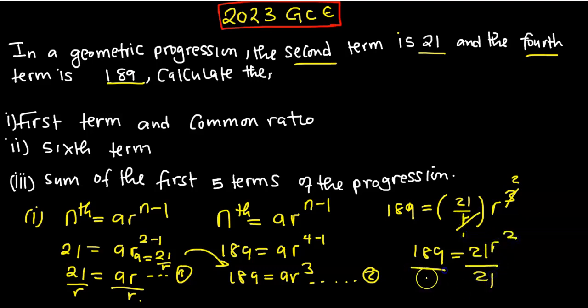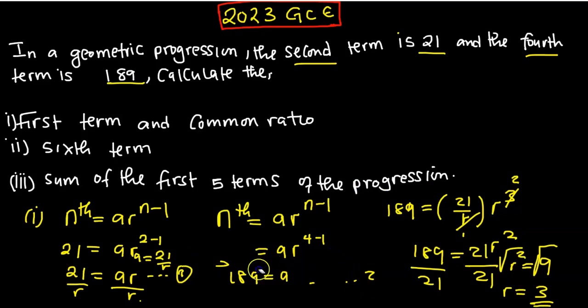Divide 21, divide 21. So now r squared is equal to 189 divided by 21, and it's giving me 9. We introduce the square root. So r is equal to 3. Okay, so that is how we basically answer.